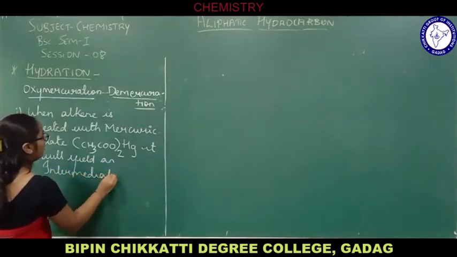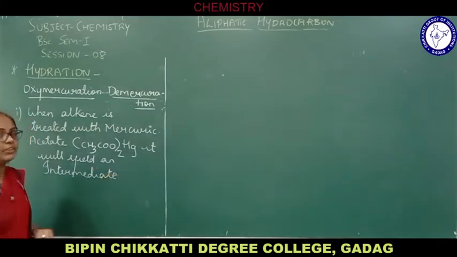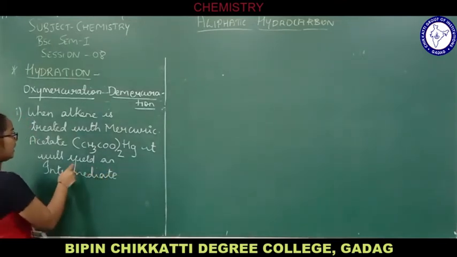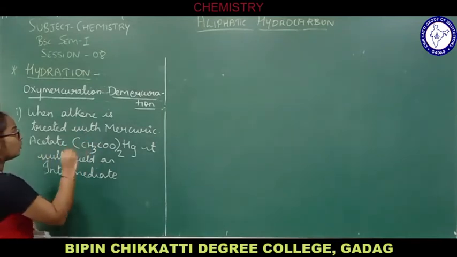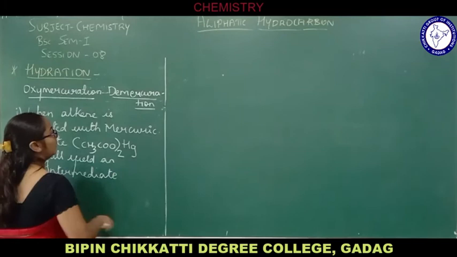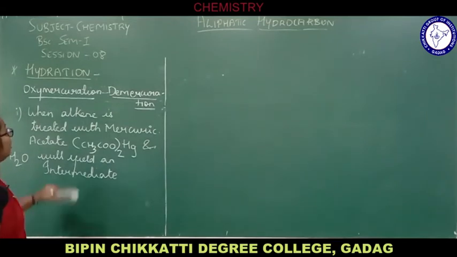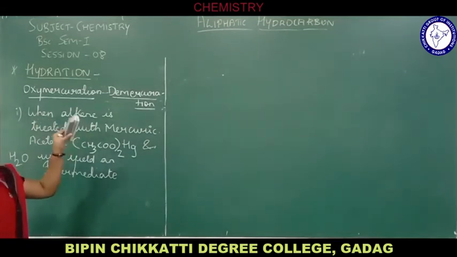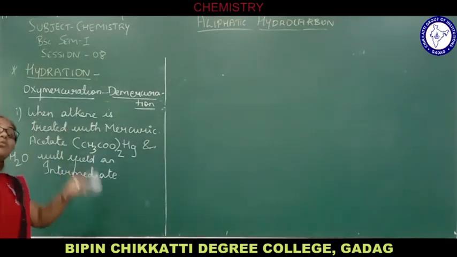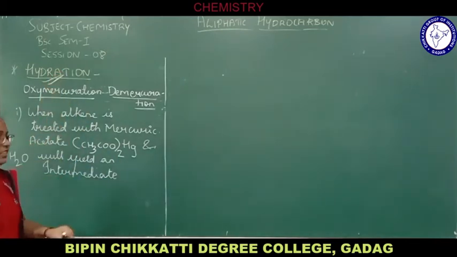Now not only mercuric acetate, one more thing I would like to say is that along with that, water, the most important one, is added. So the alkene is treated with mercuric acetate and water, the hydration process, to yield an intermediate.